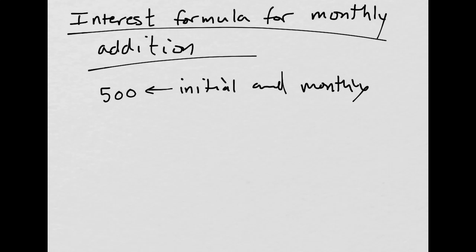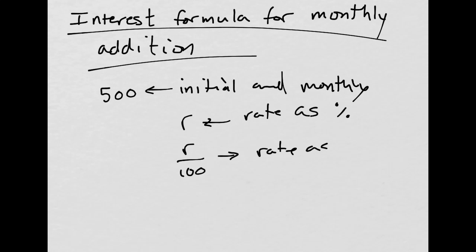But it's important, my interest rate. My interest rate R, that's going to be interest rate as a percent. If I want it as a decimal, I need to divide by 100. So that's rate as decimal.